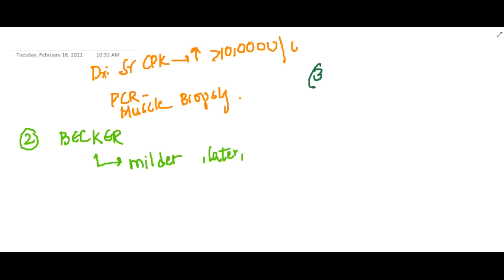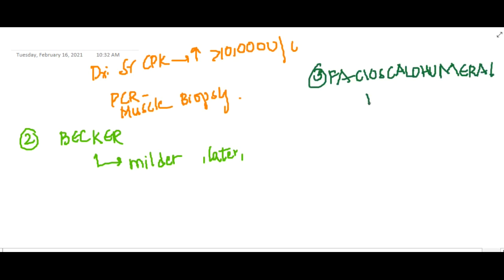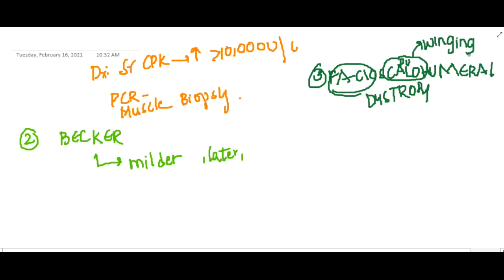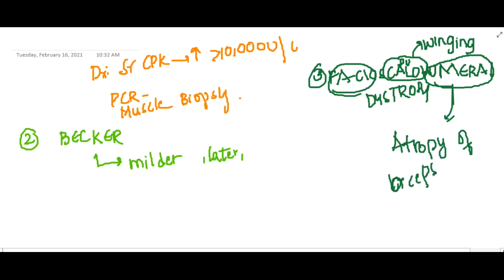Then the next muscular dystrophy is facioscapulohumeral dystrophy. Here, as the name says, there is weakness of the facial muscles, and weakness of the scapular muscles, that is winging of the scapula is present, and there is weakness of the humeral muscles, that is atrophy of the biceps, triceps, and deltoid.